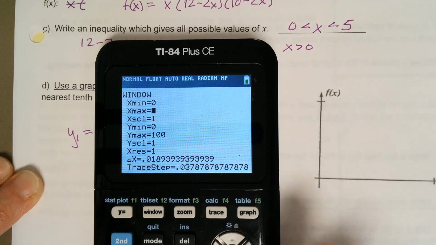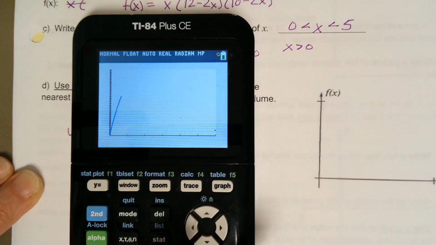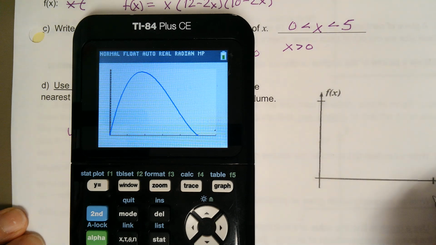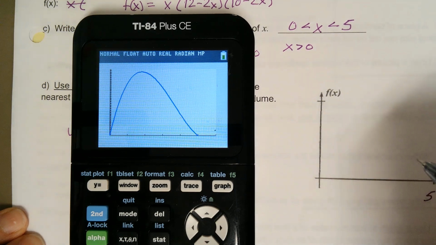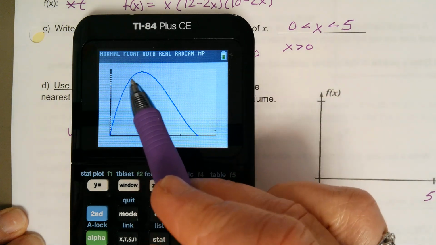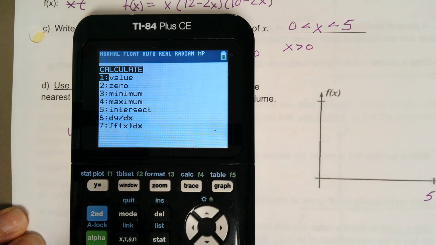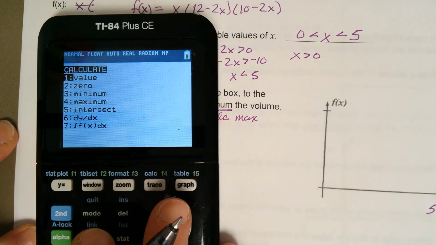And again, sometimes I like to see a little more than what the actual domain is. Oh, didn't help anyway. All right. I would focus on getting that point first before I sketch the graph. Let's get the max. Second, trace, and let me write this down.